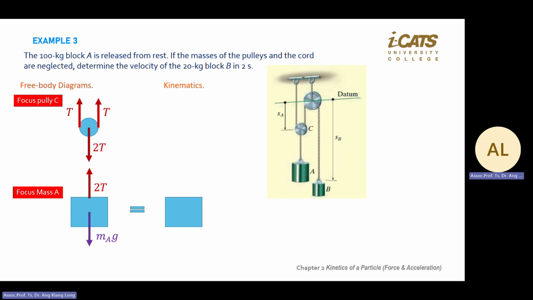Okay, this one is to show you the tension. Why is it 2T? Why is this pulley diagram important? Because you will assume this one is one tension cable. Careless mistakes will be here. If you do not draw this diagram, you don't draw the pulley C diagram, you'll put T here.